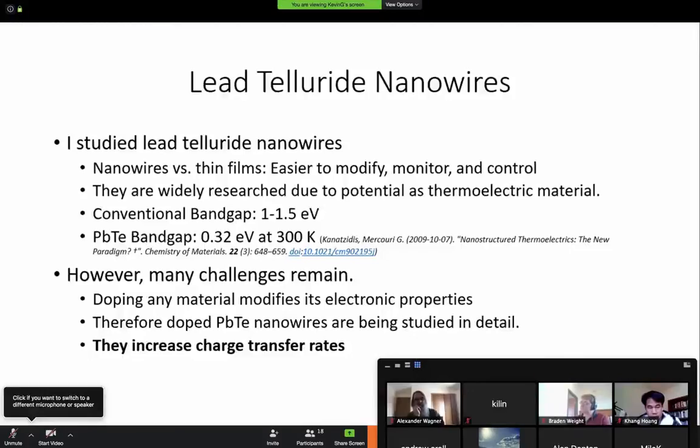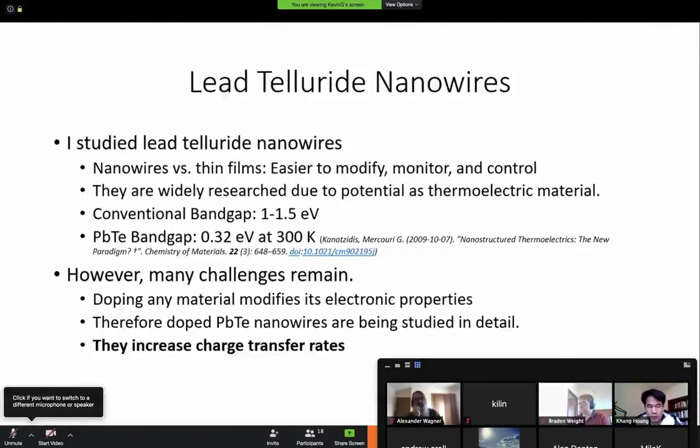Because it has a smaller band gap than your average semiconductor, it has a lot of potential to be used in semiconductor devices. Does that answer your question? Yes, we can get back to this later, but please go ahead.